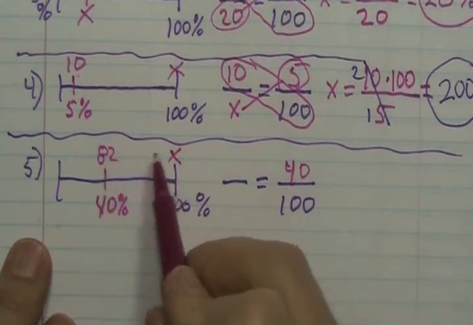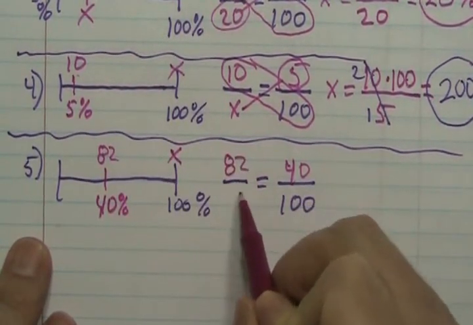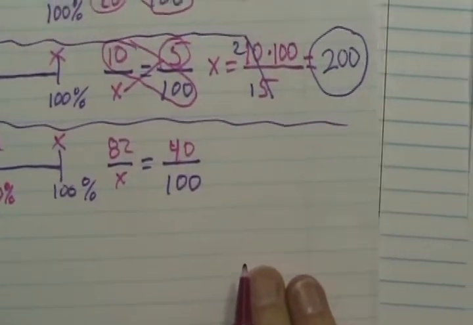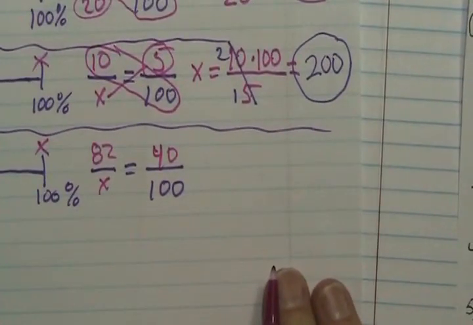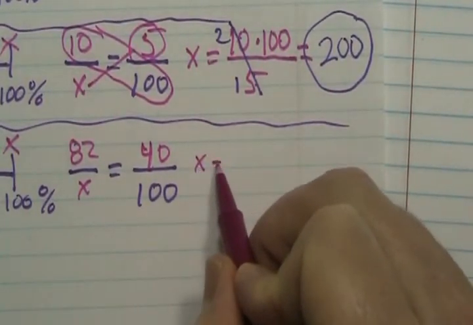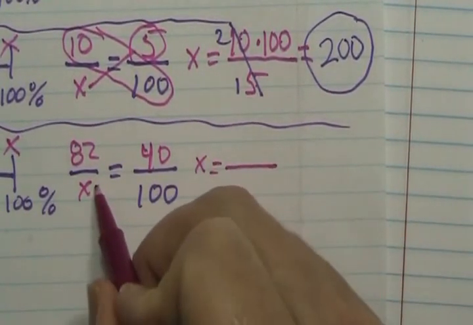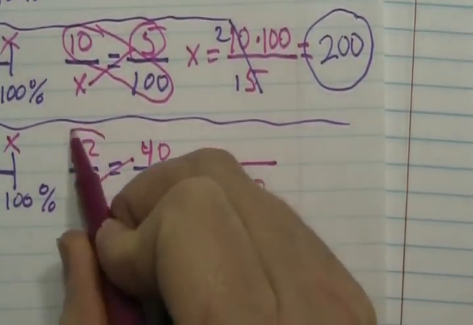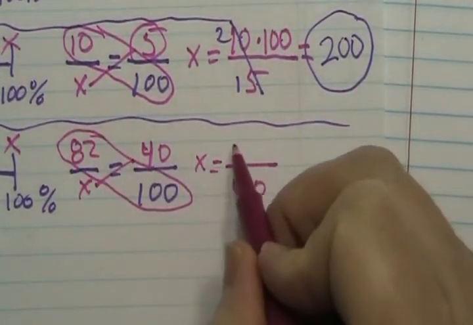So we solve it, 82 over x. All right, whatever's diagonal of x, you put at the bottom. That's our shortcut. So here's x, this goes at the bottom. The other pair goes on top.